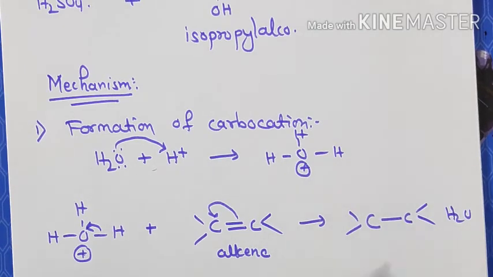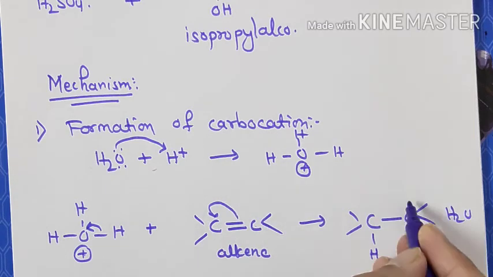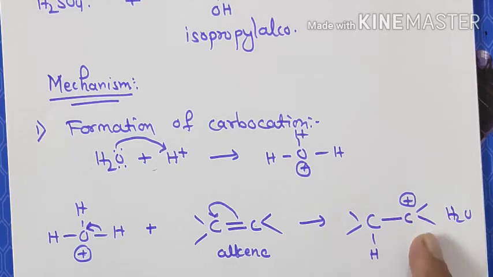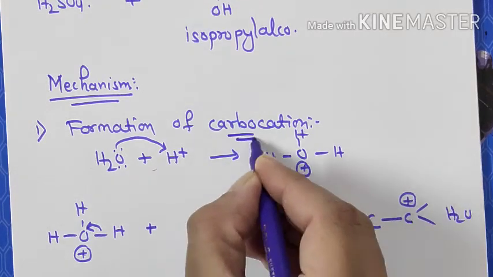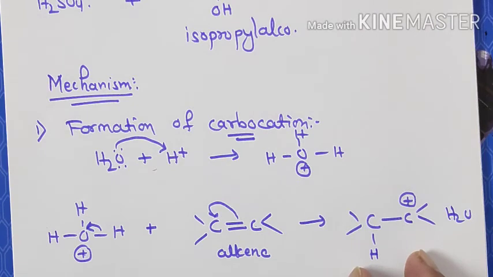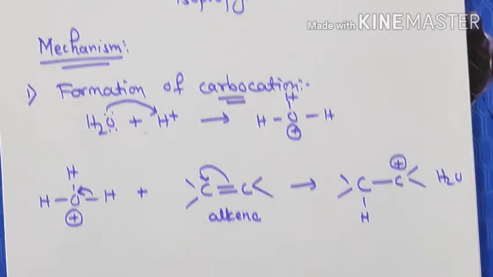If this electron comes over here, this carbon takes this hydrogen, and obviously since this carbon gives its electron to the other carbon, it acquires a positive charge. Got this, student? So H comes over here and this carbon acquires positive charge. That was the first step, that is, carbocation is formed.